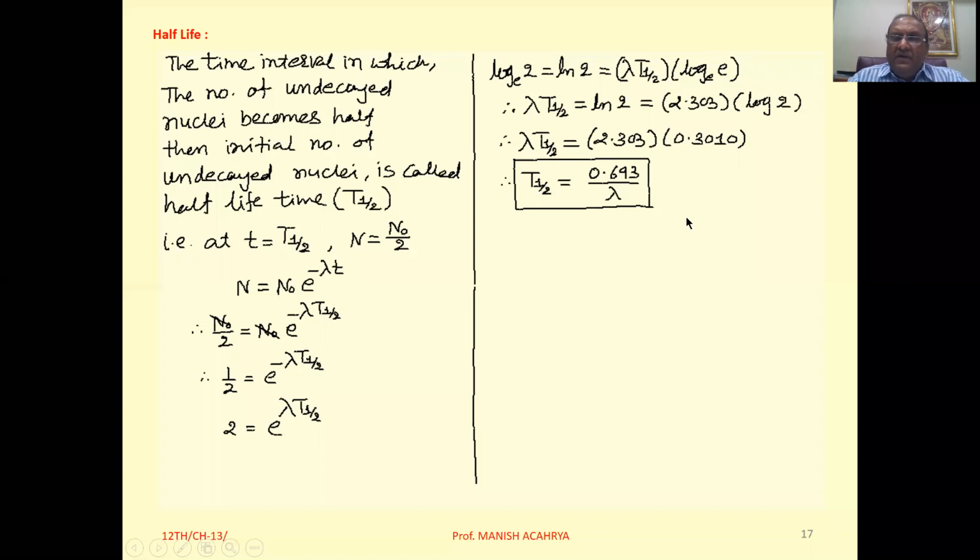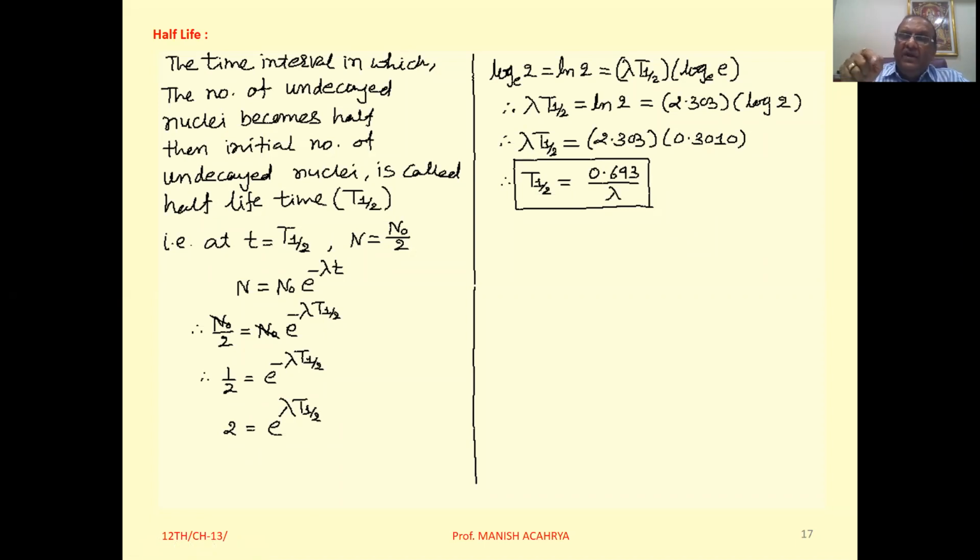Half-life. Half-life of the element means the time interval during which the number of undecayed nuclei in the element becomes exactly half of the initial number of undecayed nuclei.